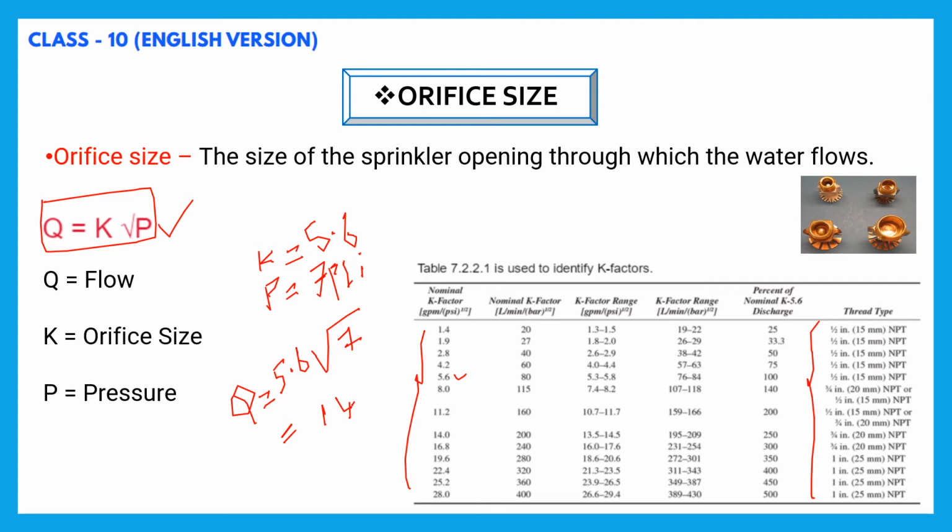So the unit will be GPM when we consider pressure in PSI and nominal K factor. As you can see here from the table, GPM per PSI to the power half. So whenever we want to calculate flow from any sprinkler, we need to use Q is equal to K root P. So you will get the flow from one sprinkler.